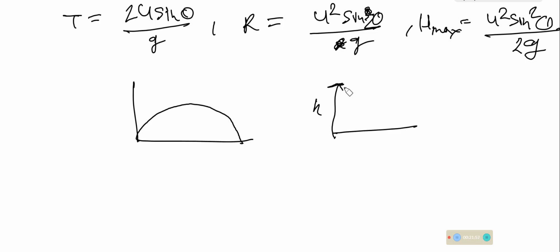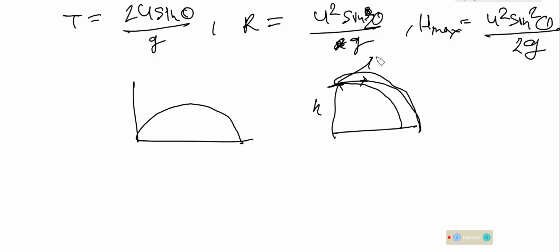We can project a particle from a tower or a building. We can project with velocity in this direction, at this angle.